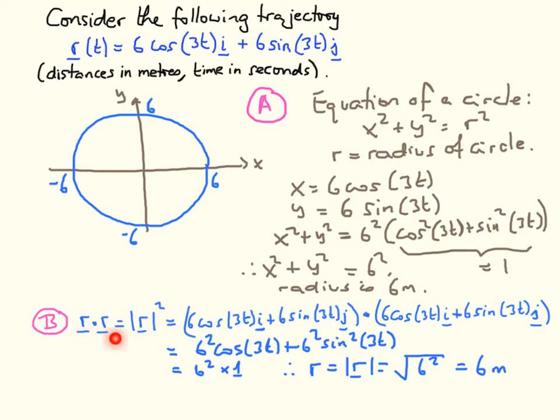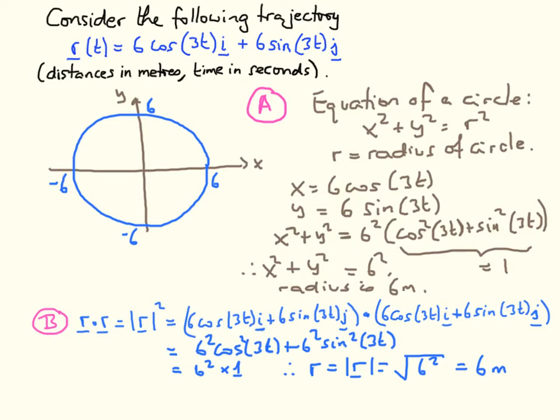So the scalar product of r with itself is written here, and we just have to multiply the coefficient in the i direction with itself and add the coefficient in the j direction multiplied by itself. So we get 6 cos 3t times 6 cos 3t, and I've dropped a factor there, a squared factor there, so that's cos squared.